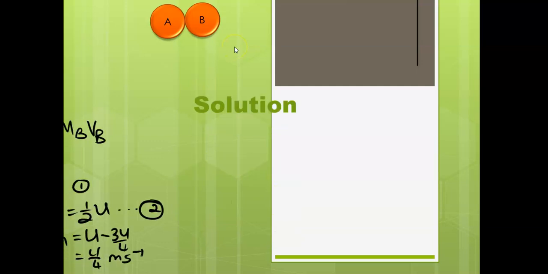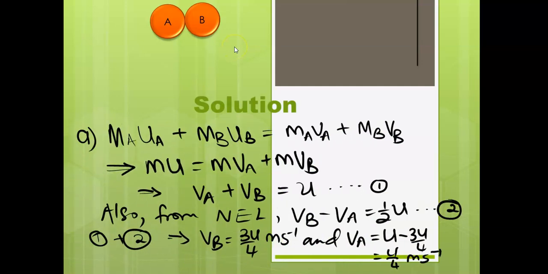Okay, solution. Now, each of those impacts, we have to apply the law of conservation of linear momentum and Newton's experimental law, or Newton's law of restitution. So for spheres A and B, from the law of conservation of linear momentum, MA UA plus MB UB is equal to MA VA plus MB VB.